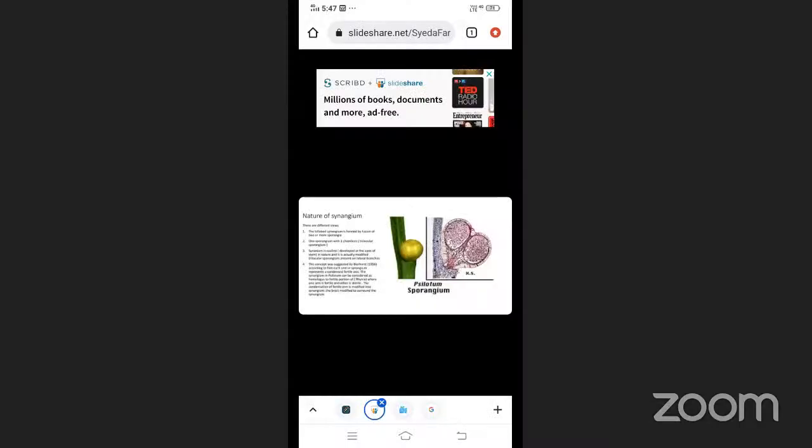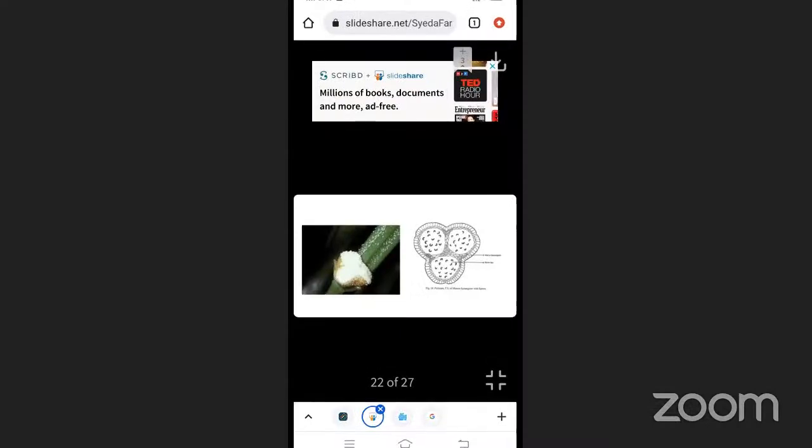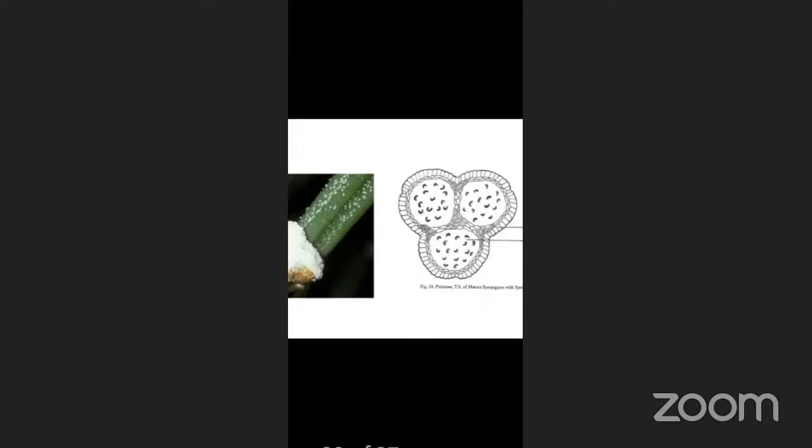When we take a section of this synangium, it looks trilobular. When we take the transverse section of this synangium, three lobes are present, the trilobed condition.